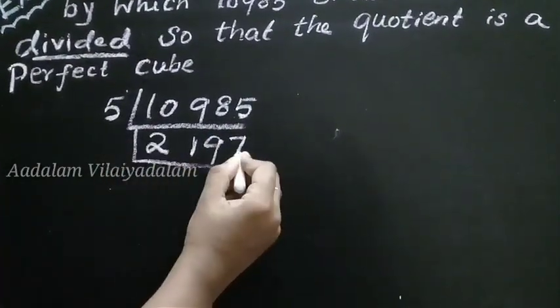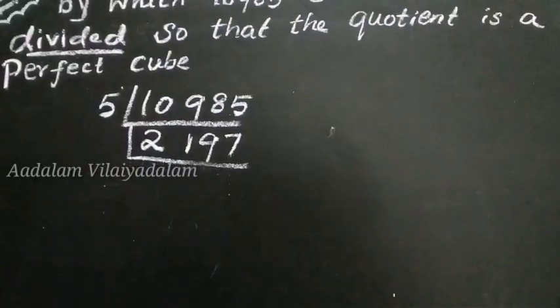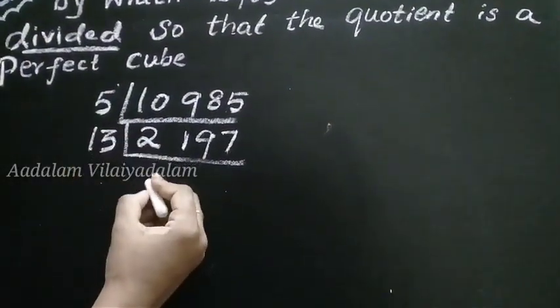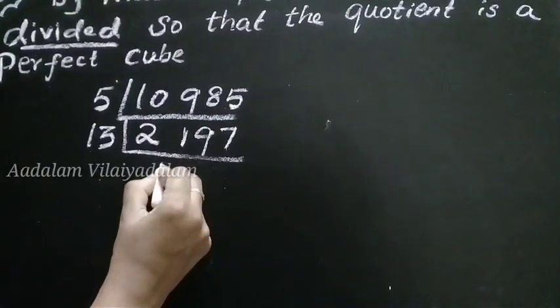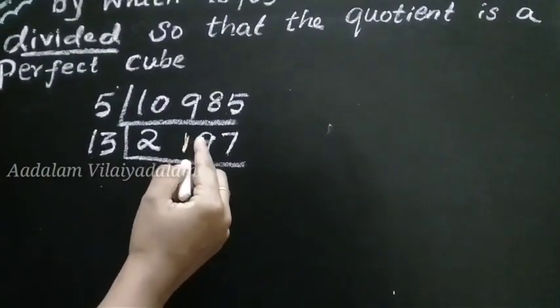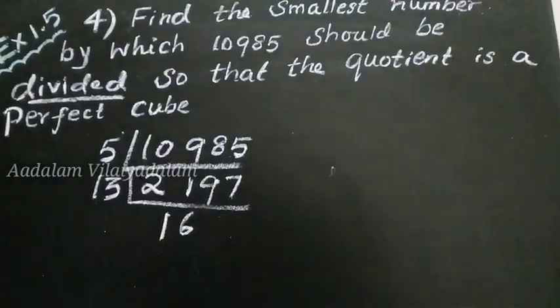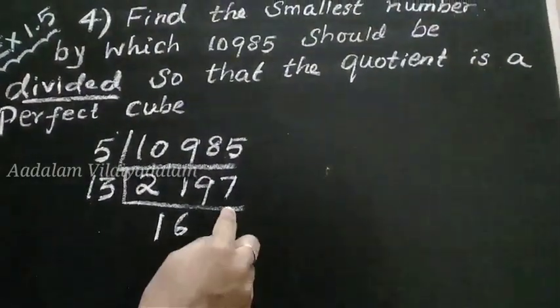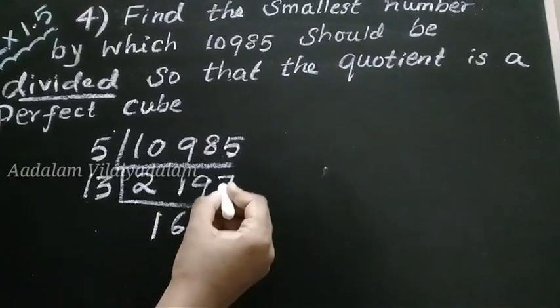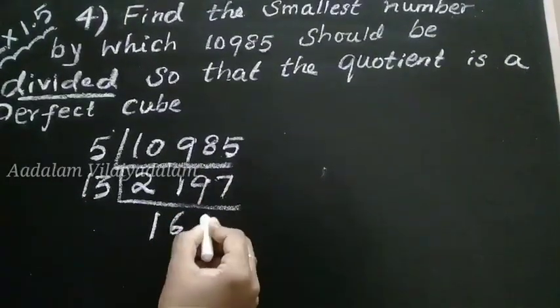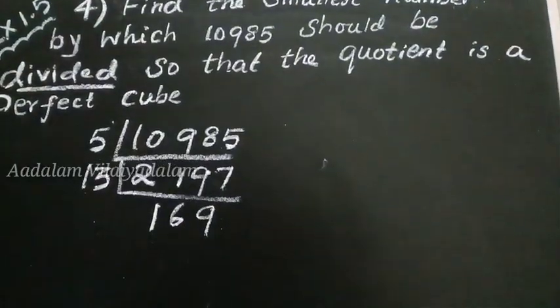So the last digit is odd, so only odd numbers are possible. Here 13 table only is possible. So 13 table, 13 1s are 13. So balance 8, 89, 13 6s are 78. Again balance 11, 117, so 13 9s are 117.